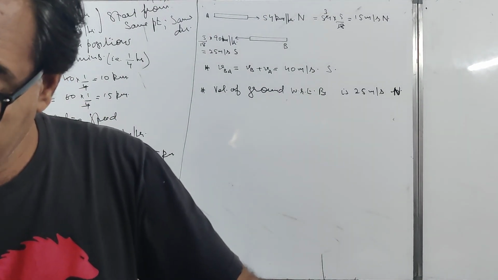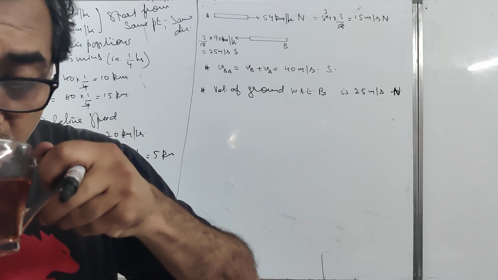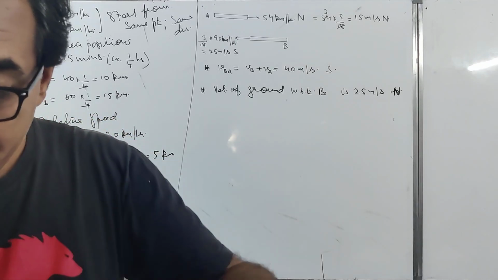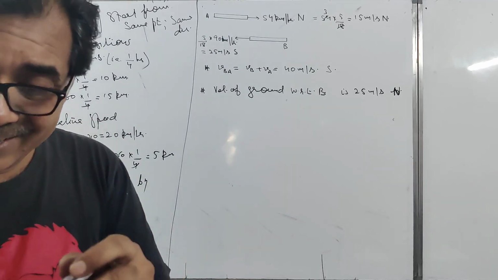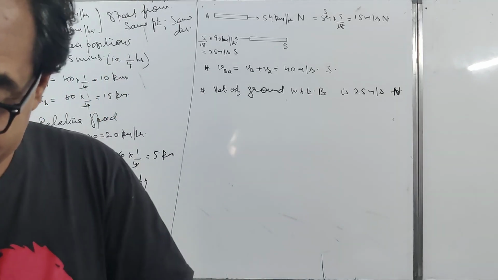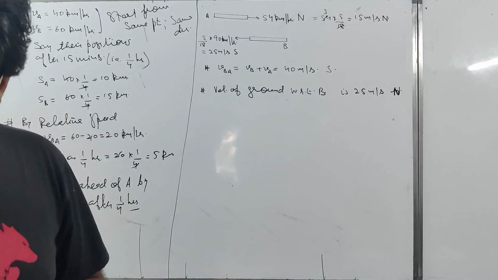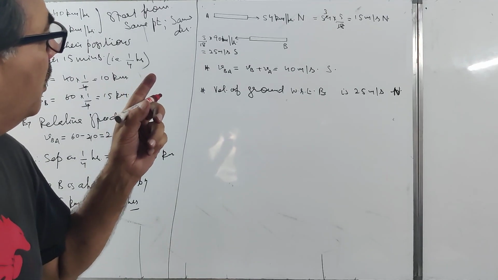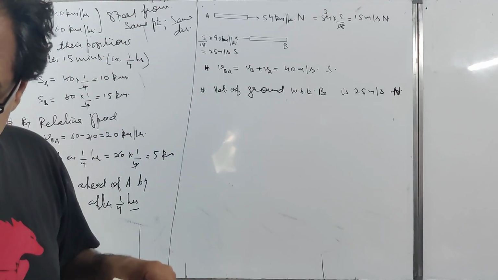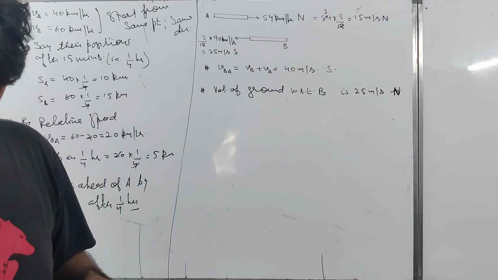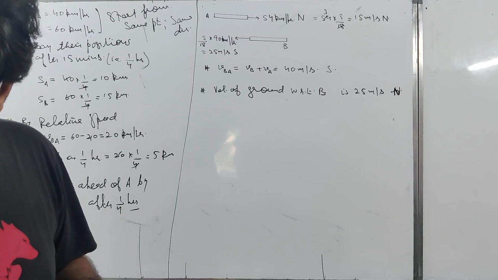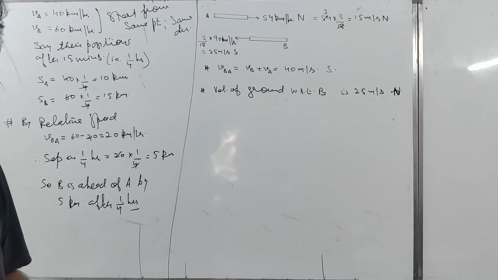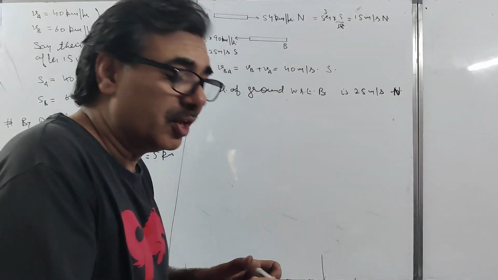The third question is, what is the velocity of a monkey which is on train A? There is a monkey on train A, and he is moving on top of train A in a direction opposite to the train with a speed of 18 kilometers per hour relative to the train. Let me check.